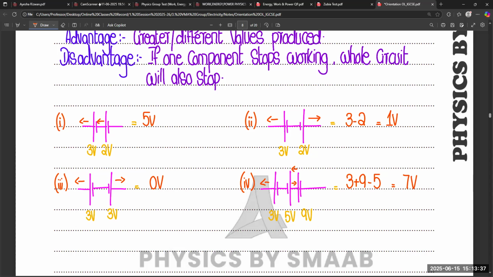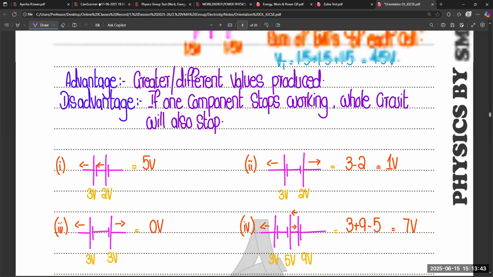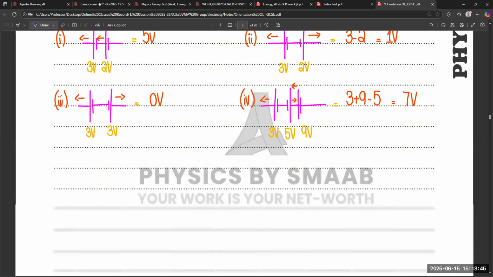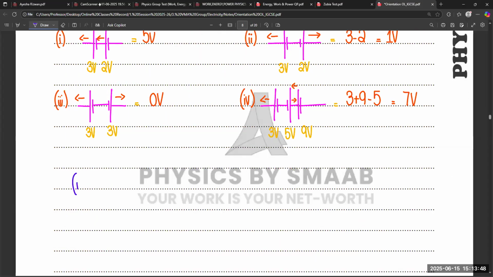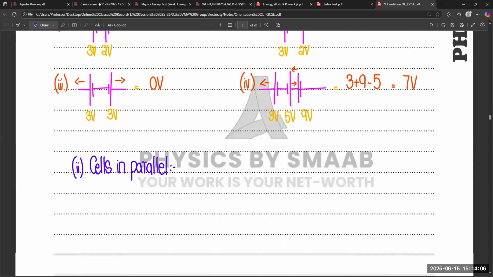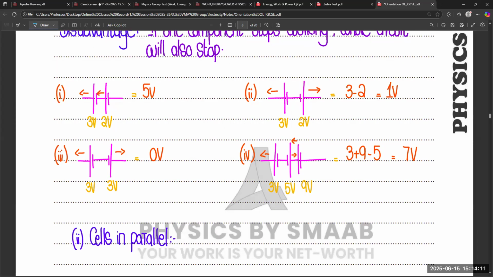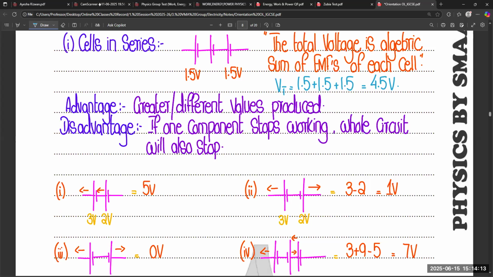And if we consider the parallel combination of the cells, so cells in parallel combination means we have the same ends connected on one side and the other end connected on the other side.